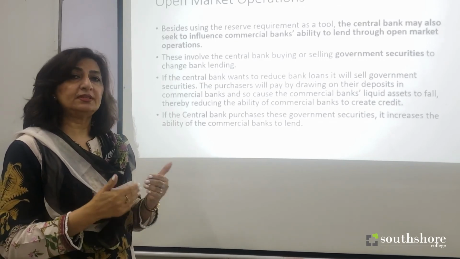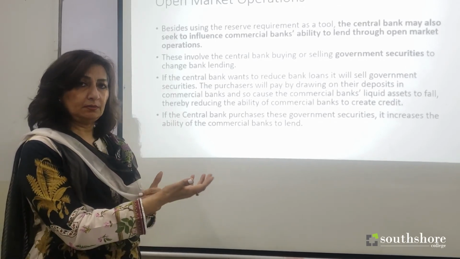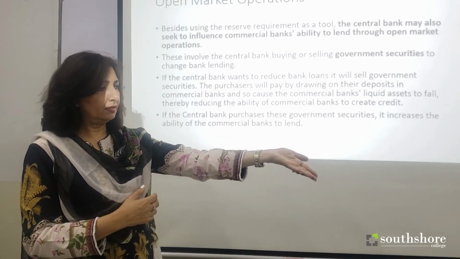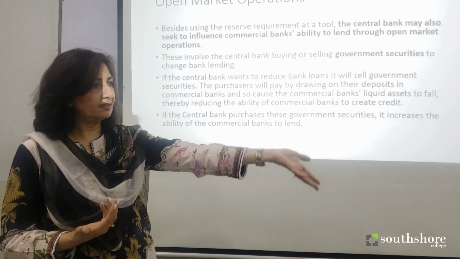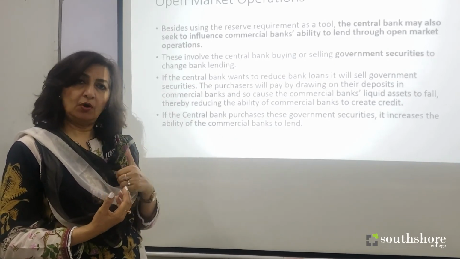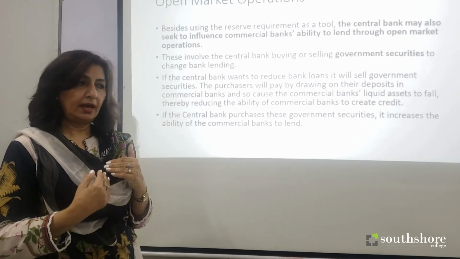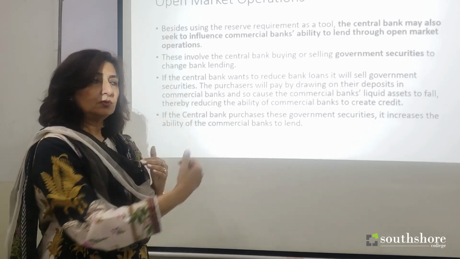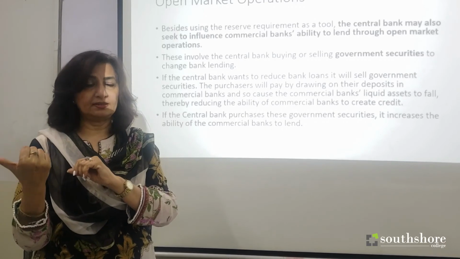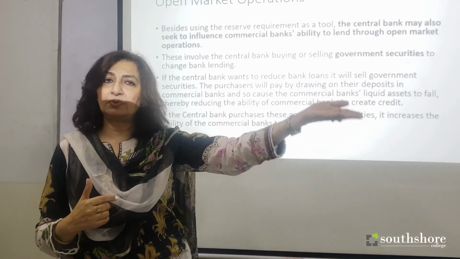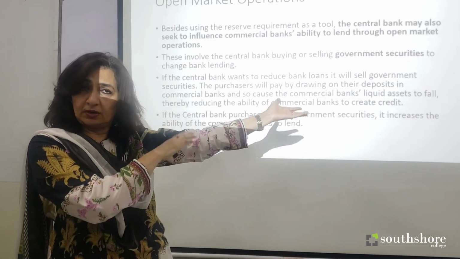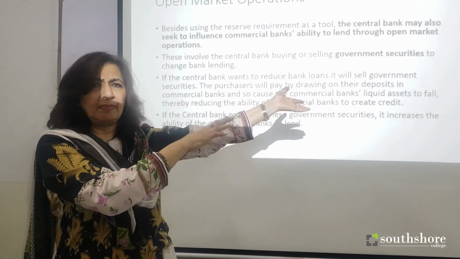Conversely, if the central bank is buying the securities, this means there are some people sitting over here, I am the central bank representative, and they are selling me the bond. So what will I do? The central bank takes the bond and gives them money. When the central bank gives them money in the form of a check drawn against the central bank, automatically this person will go and deposit this check in his or her account with a certain bank, Habib Bank or any bank.